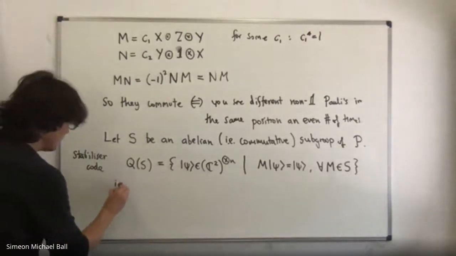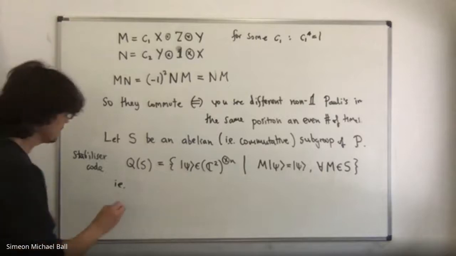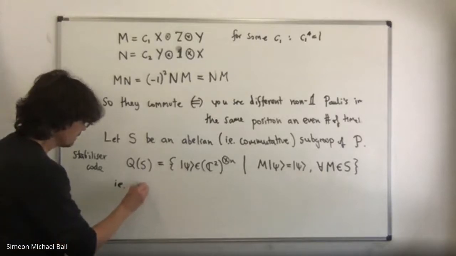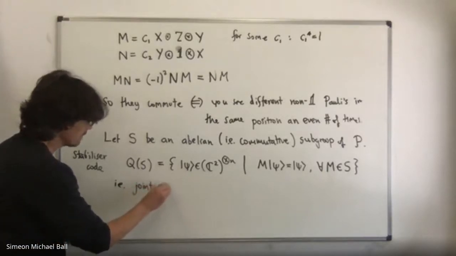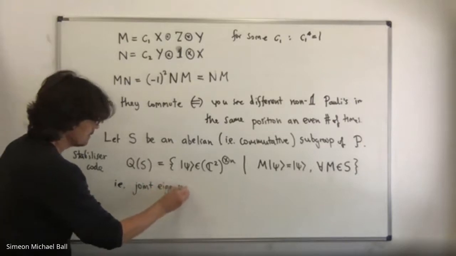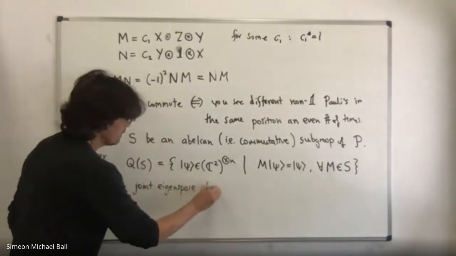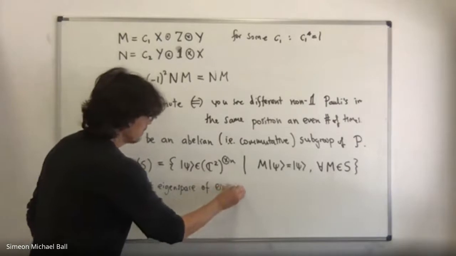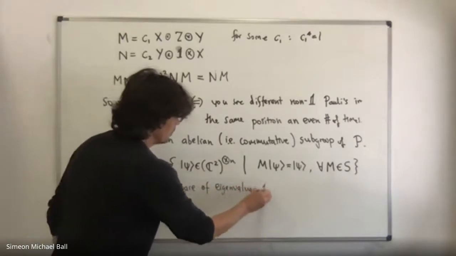You'll often see it defined as the joint eigenspace of eigenvalue 1.